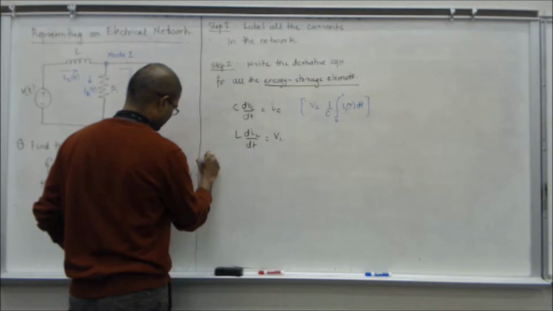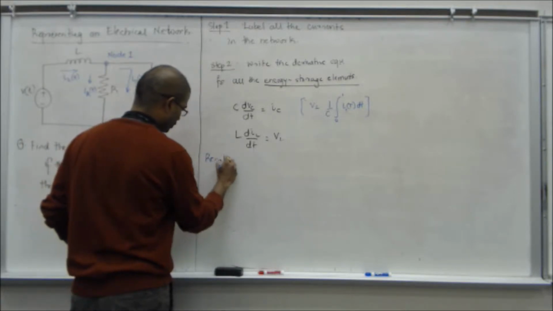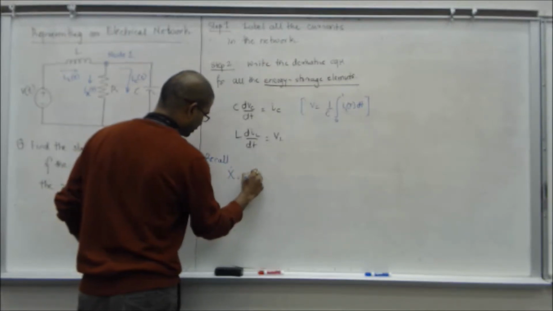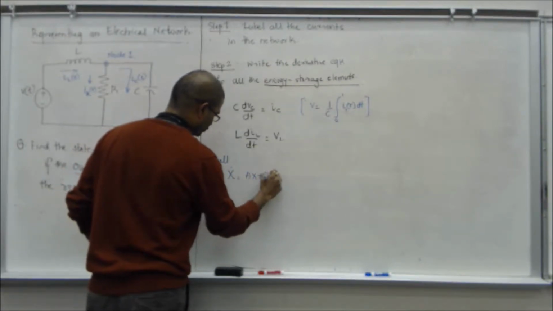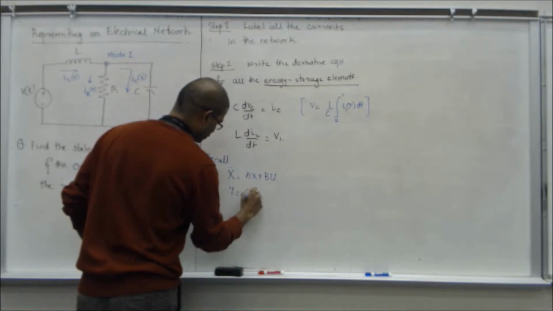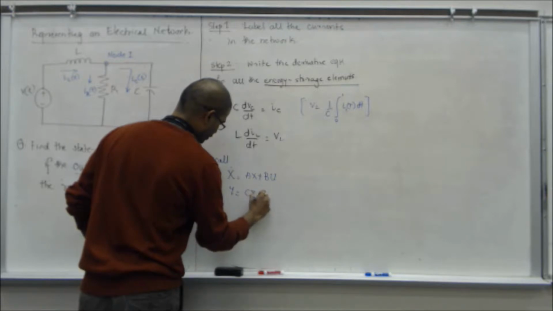If you recall, you have x dot is equal to Ax plus Bu, and y is equal to Cx plus Du, right?